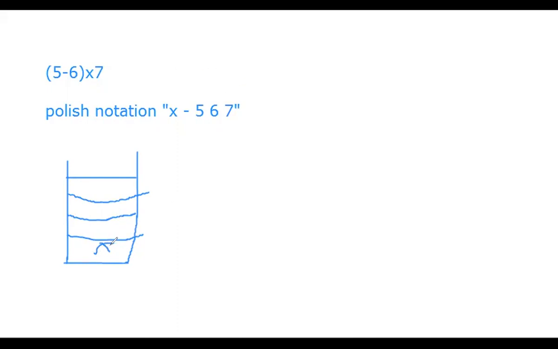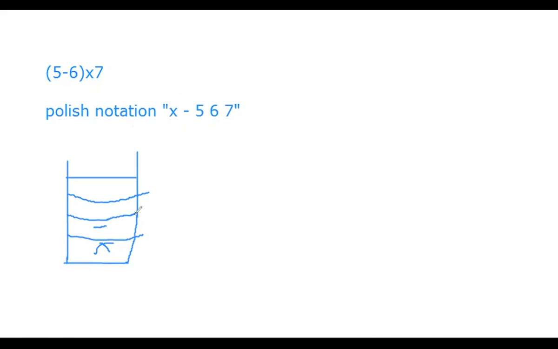Then it is an operator, so we insert it. Then the pointer shifts to the second element. What is this? It is the minus sign. That also we have to push here in the stack. Okay. Now, what is next?